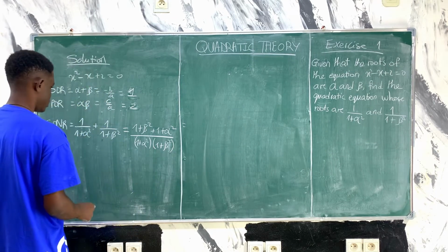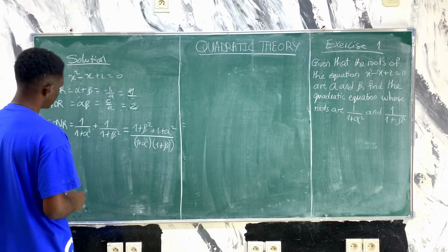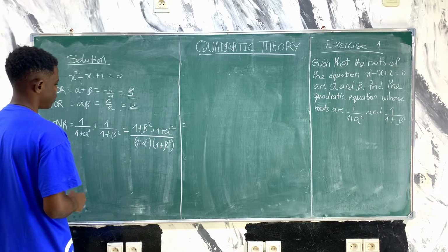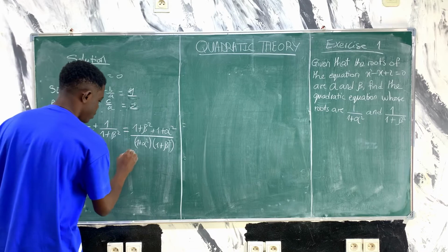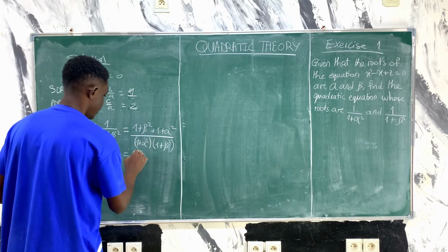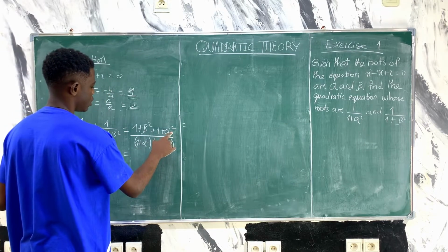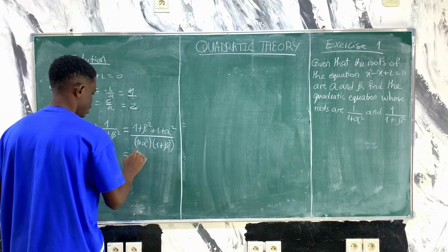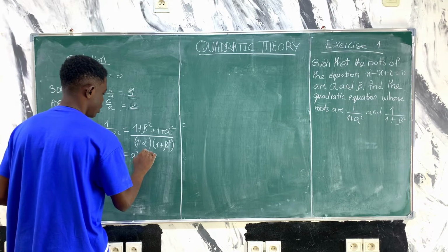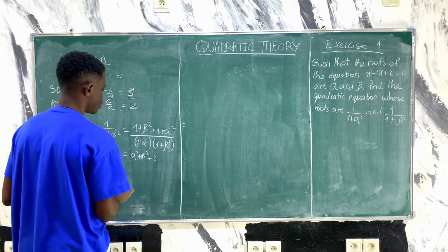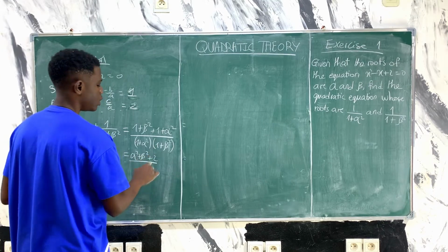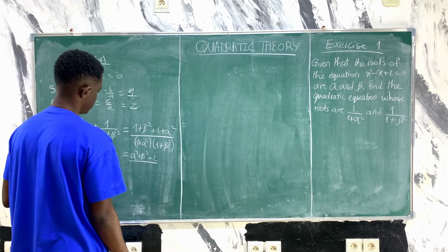So to simplify this, the numerator will be equal to alpha squared plus beta squared plus 2. Let's just open this bracket in the denominator.